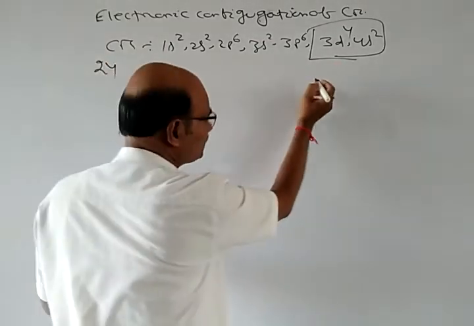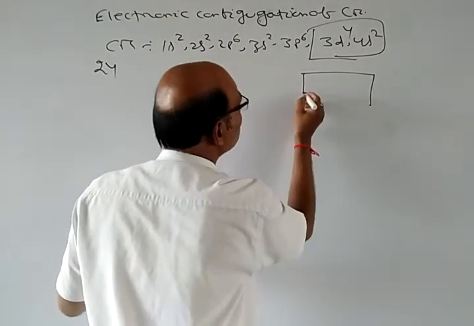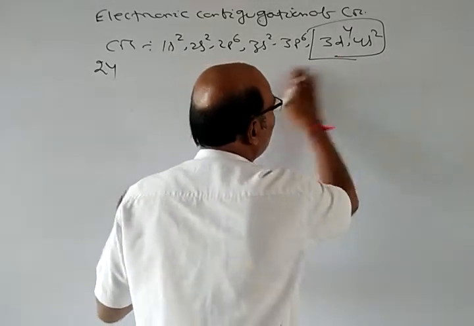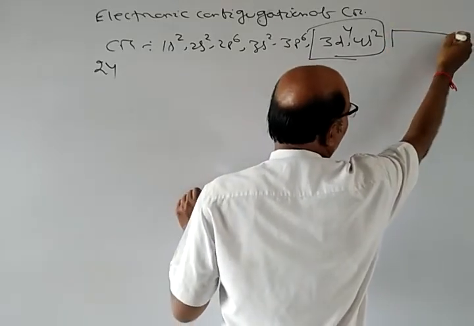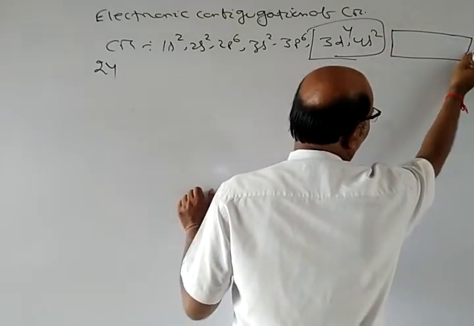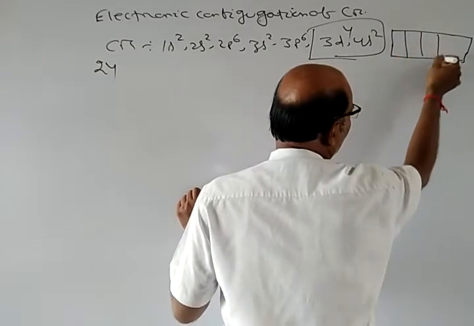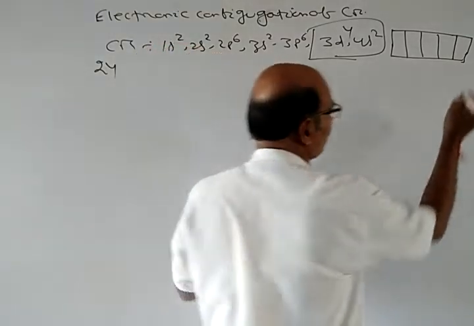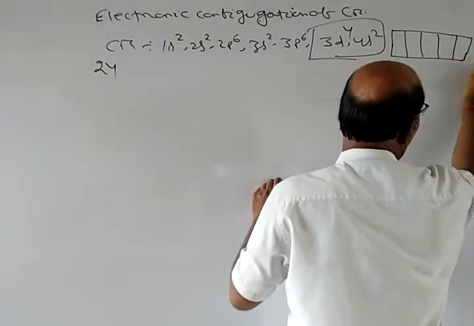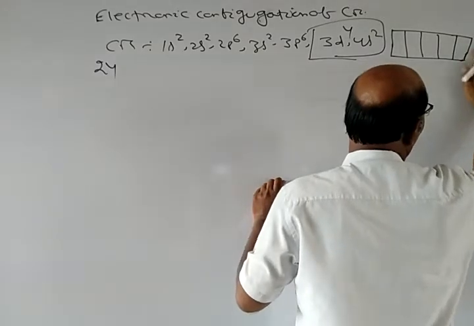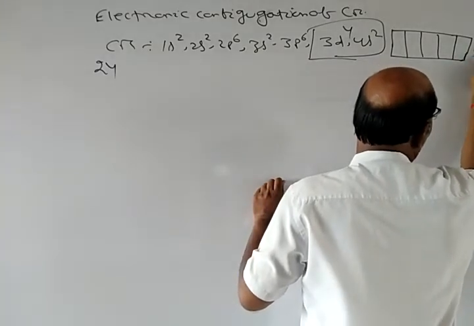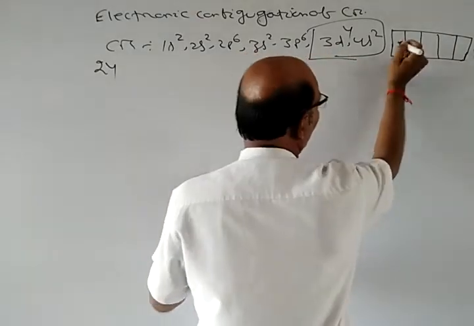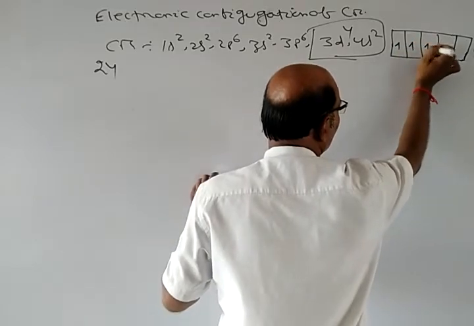In this case, we have 3d, 1, 2, 3, 4, 5 orbitals. Then 4s. So 4s2 and 3d4, 1, 2, 3, 4.